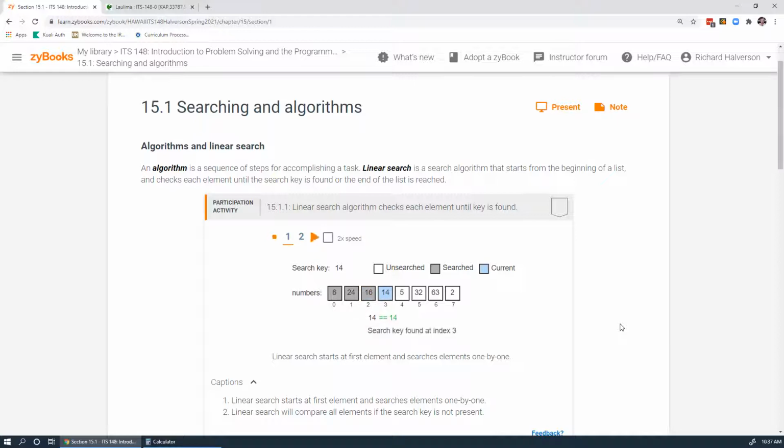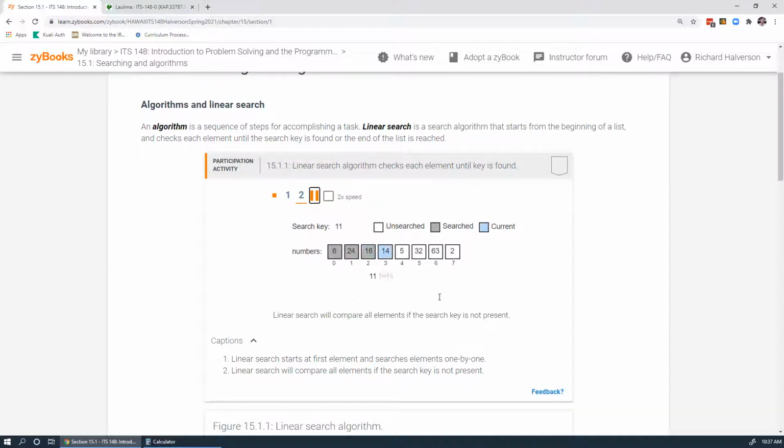The worst case for a linear search is that you have to look at every item and then you end up not finding it. The best case is if the first item you look at is the item that you're looking for. This demonstrates looking for 11, and it's going to go all the way through and not find 11.